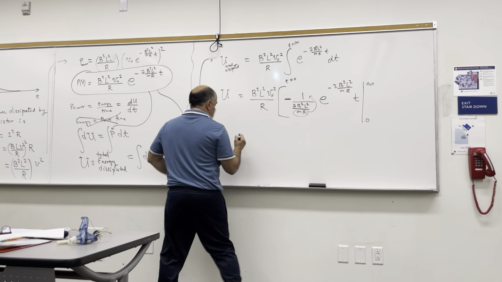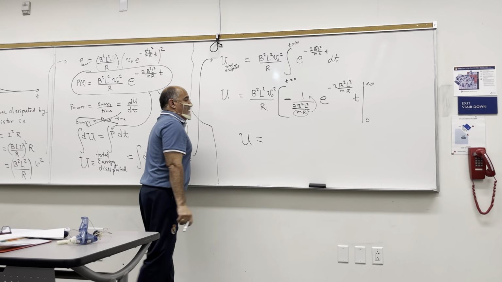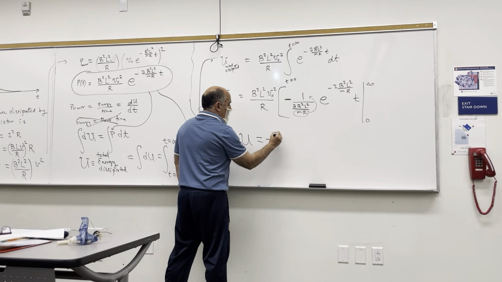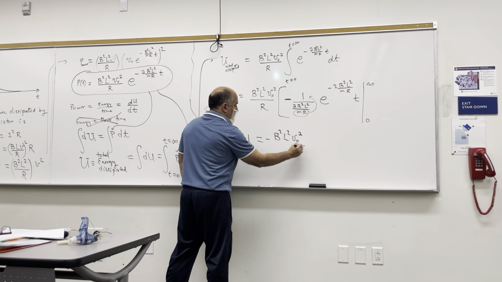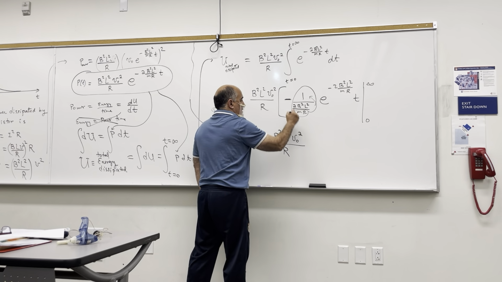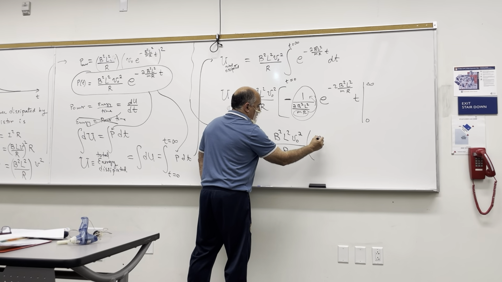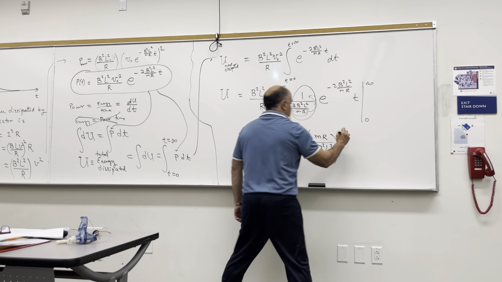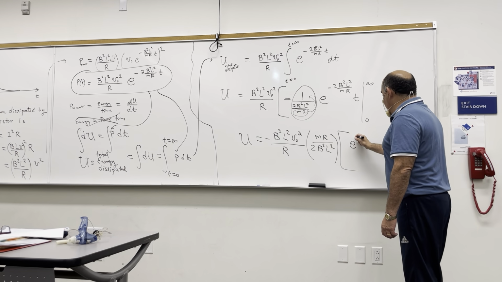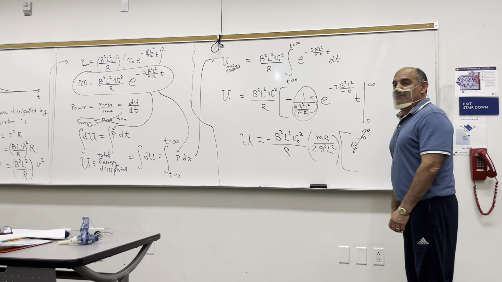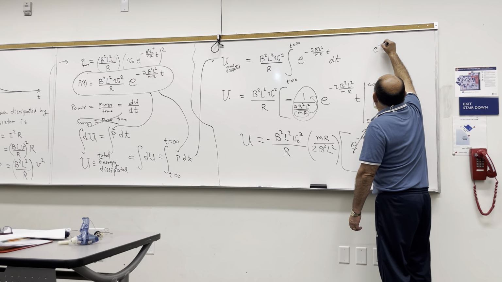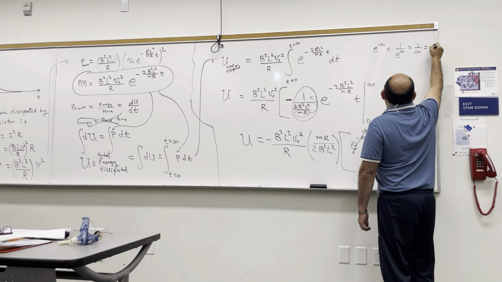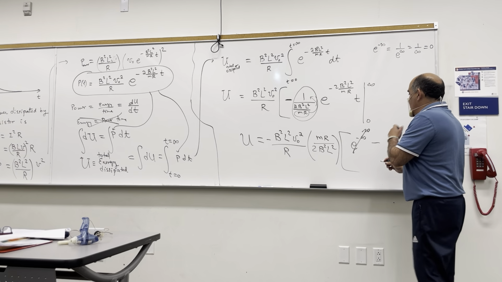All right, so this U total equals, I'm going to put a minus sign outside. I have b squared L squared v naught squared over r times this thing over here, which will be mr over 2b squared L squared times e to the minus infinity, which is 0, because e to the minus infinity is the same as 1 over e to the infinity, which is 1 over infinity, which is 0, minus e to the 0.